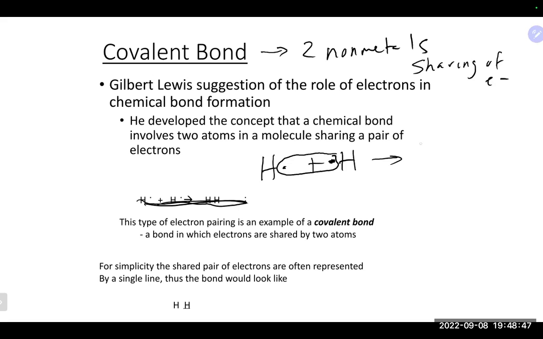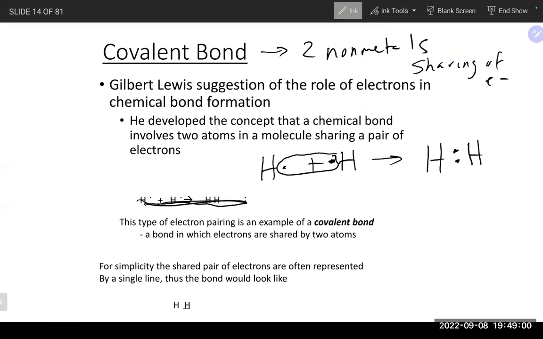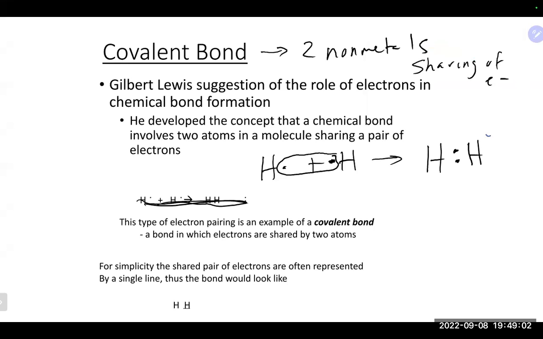We are going to create a bond between the 2 hydrogens where those electrons are shared. When we count up the electrons, the 2 electrons count for the hydrogen on the right, and the 2 electrons count for the hydrogen on the left.